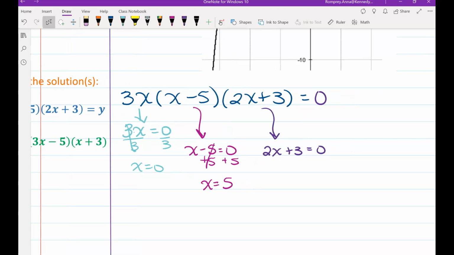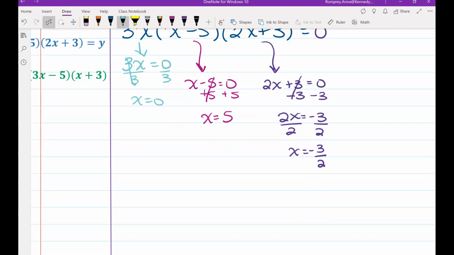Solve it for x. What are we going to do? Inverse of addition, subtract 3. 2x equals negative 3. How do we get rid of that 2? 2 times x, so divide by 2. x equals negative 3 halves.